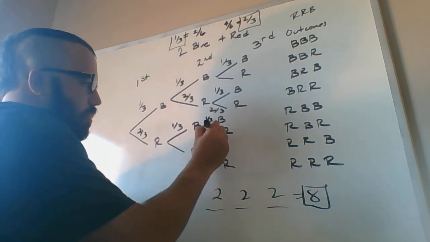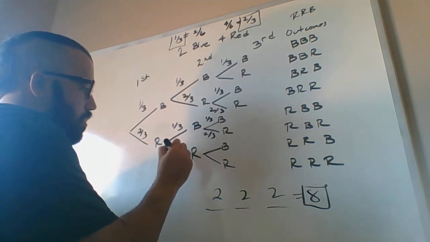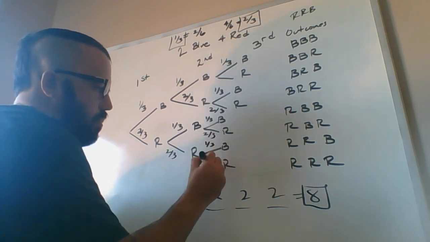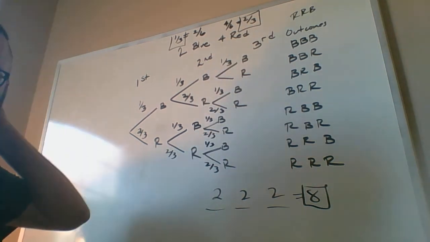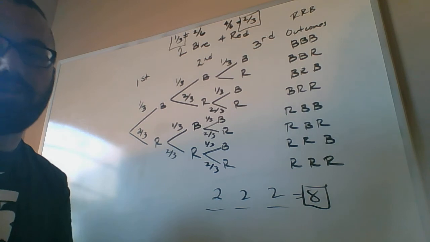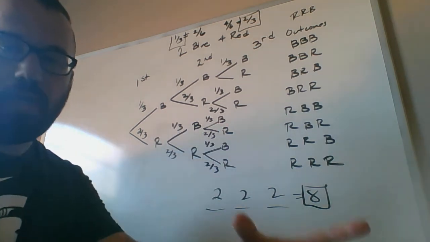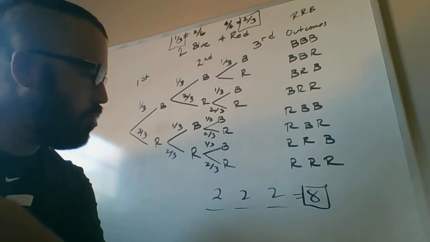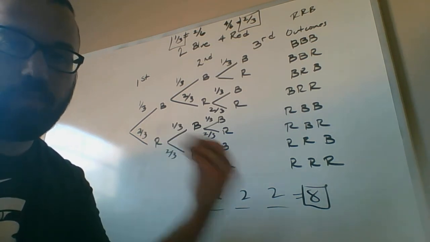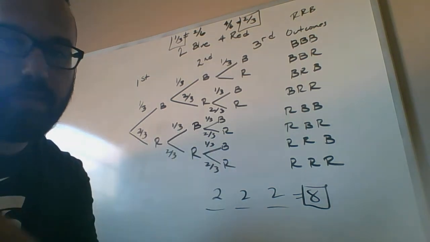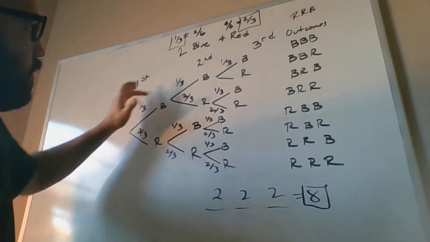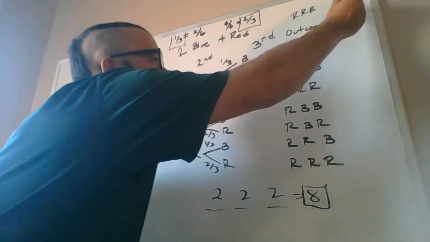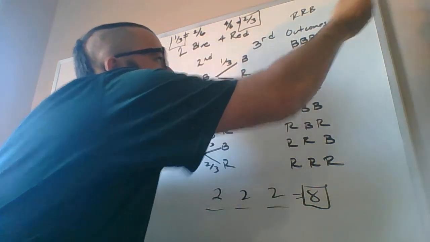I know this is getting really cramped. 2/3, 1/3, 2/3, right? So the probabilities, these are all independent, right? When you roll 1 die, it doesn't matter what you got on there. The next time you roll, it has no difference what you roll. Like if you rolled a blue, that doesn't mean you're going to roll a red next time. Doesn't matter. So for each of these branches, you find the probability by multiplying all the probabilities together.